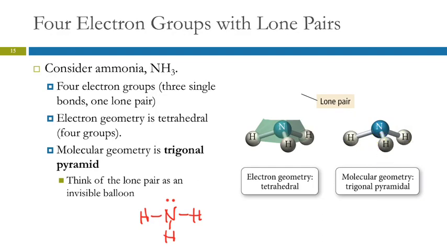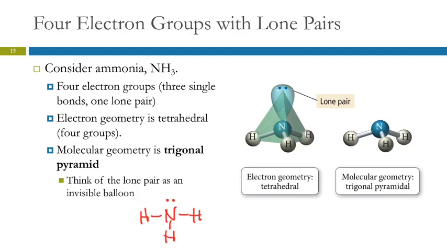That's called a trigonal pyramid. It's not trigonal planar, because trigonal planar would be flat in a plane. Here it's poking up. And the reason it's not flat is because of that lone pair. That lone pair is repulsive and causes these hydrogen atoms to be a little closer together than they would if it wasn't there.